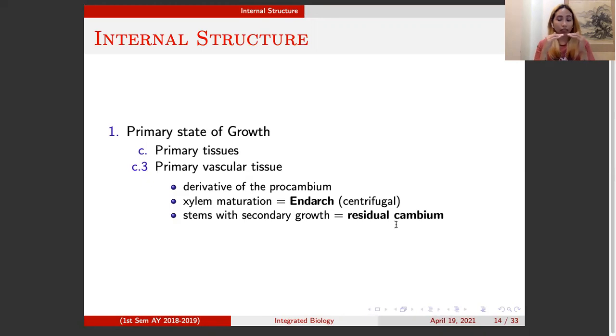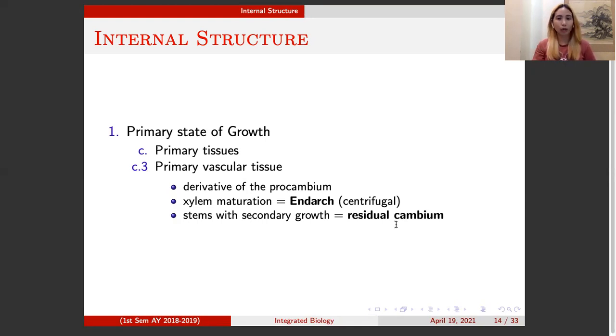That same area, that strip of tissue, as the plant transitions into secondary form of growth, nagiging residual cambium siya, and eventually it will turn into a fascicular cambium, which is normally the same region with the same cells, but this time it will give rise to secondary xylem and secondary phloem for those plants na mayroong secondary growth.